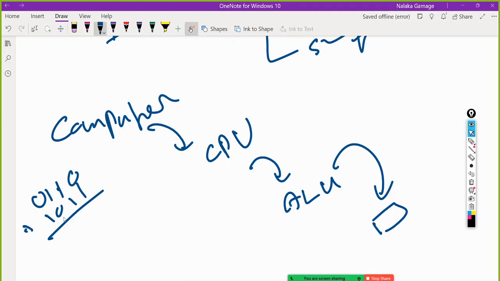How do you call it? Machine language. No, it's a hardware thing.